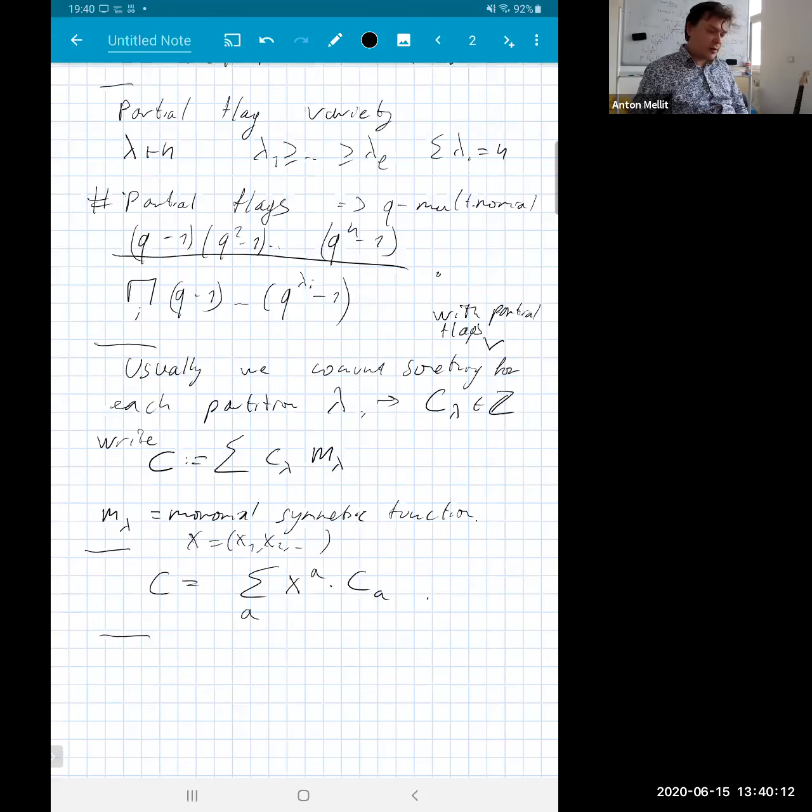So if we want to do it now for counting all flags in the vector space, then we get the following.